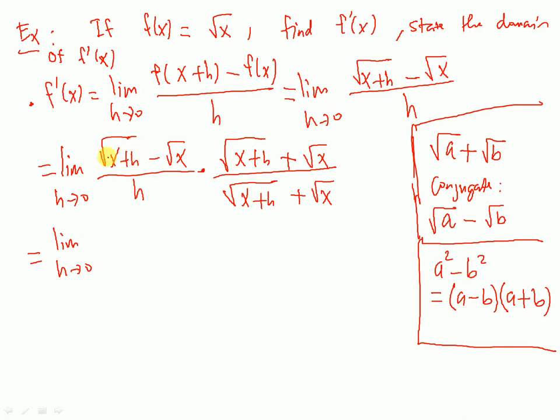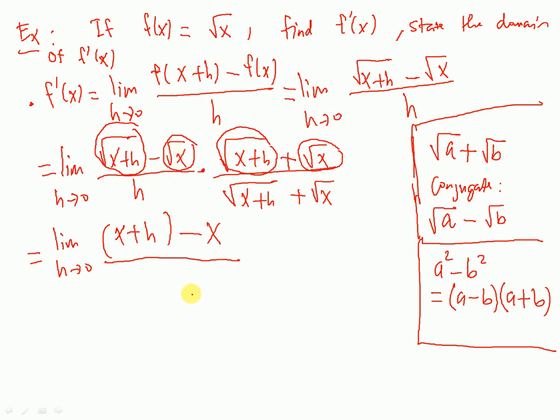So a is this one, b is this one, and this whole thing becomes a squared minus b squared. When you square a, the square root is gone. When you square b, the square root is also gone. So on the top, you have this now. On the bottom, you have h, and then multiply with this one: square root of x plus h plus square root of x.